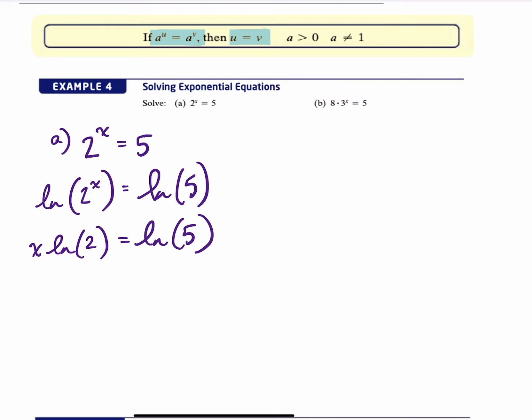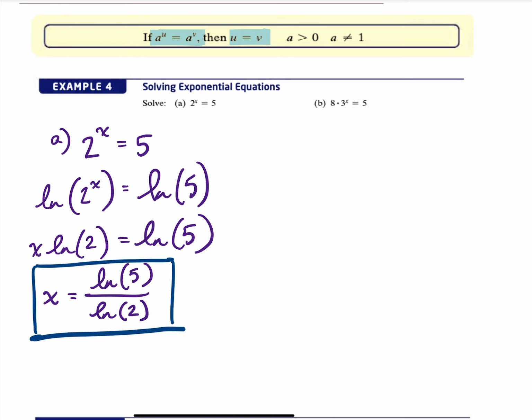So I want to solve for x, so I'll just divide that ln of 2 over. So you could leave this as an exact answer if it did ask for something exact. Or if you plug it into a calculator, you would get approximately 2.322.